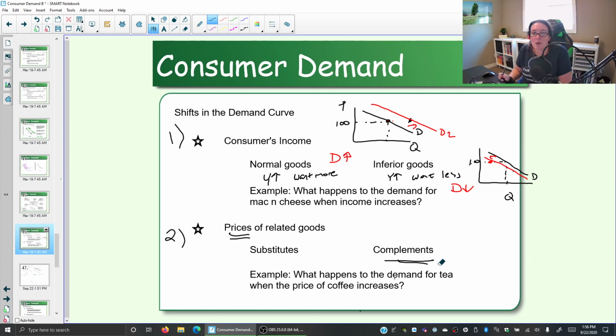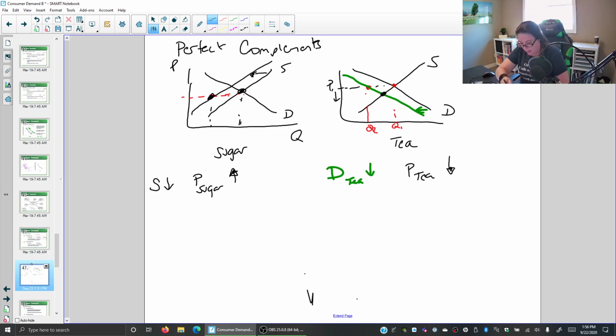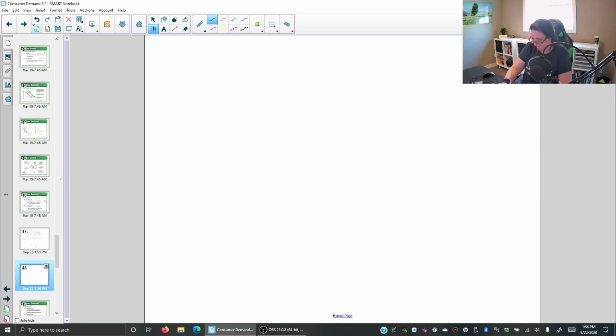We can also look at what happens with the price of substitutes. So let's draw that out. Let's suppose that we have perfect substitutes. What does it mean to be a substitute? Well, that means that to us, they give us similar utility or similar value.